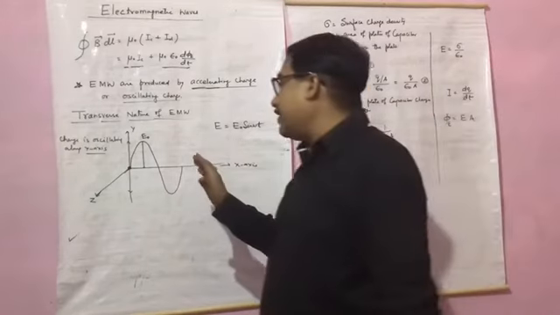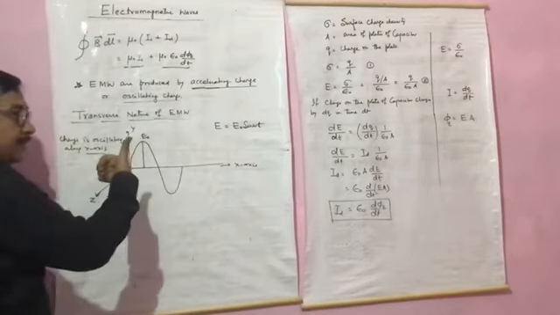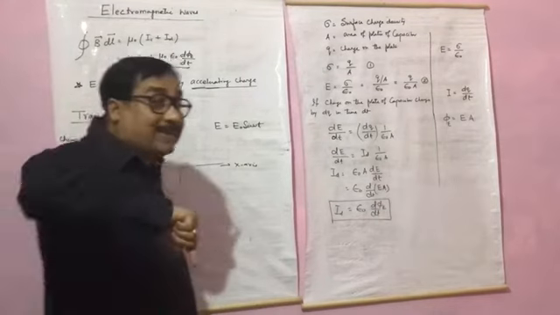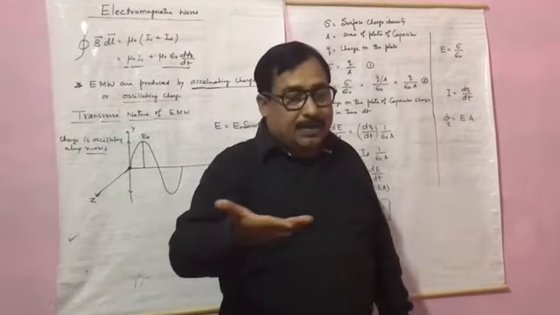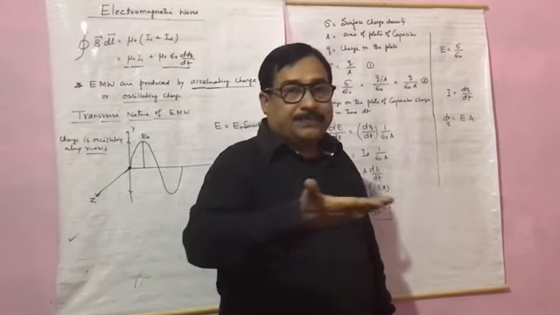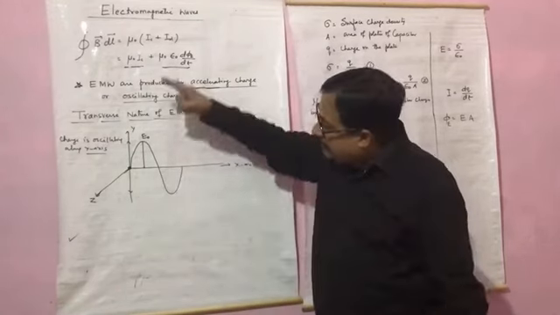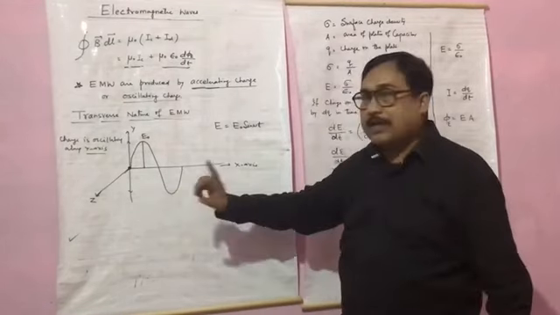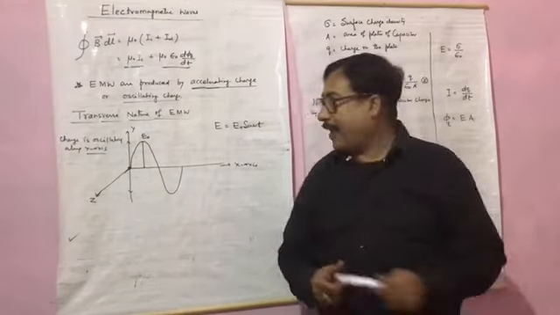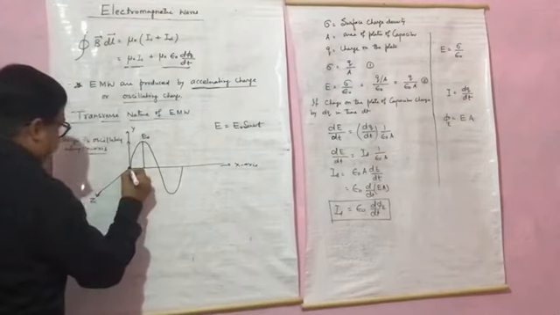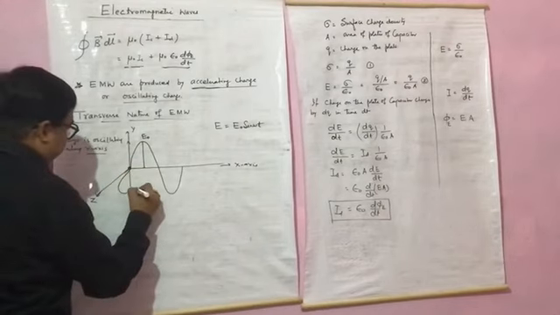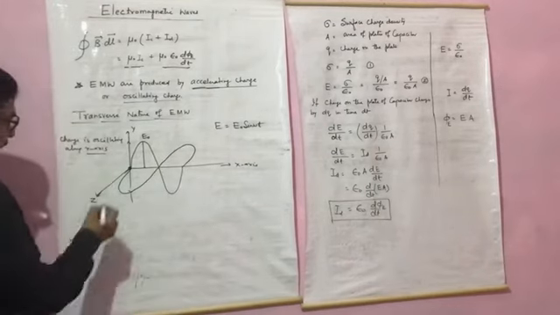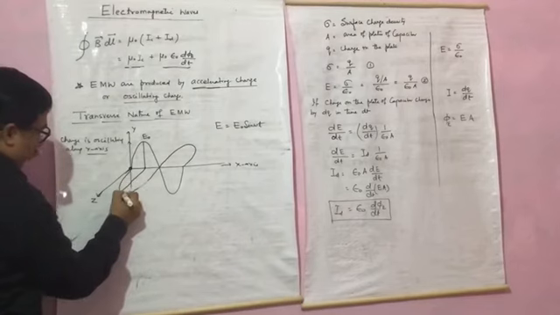Now think of the right hand thumb rule. The right hand thumb rule says the magnetic field produced by the current is along this plane. So if the vibration is like this, the magnetic field will be along this plane. The magnetic field produced, which is also oscillating in nature, is denoted by this, and this is the peak value of the magnetic field, B naught.